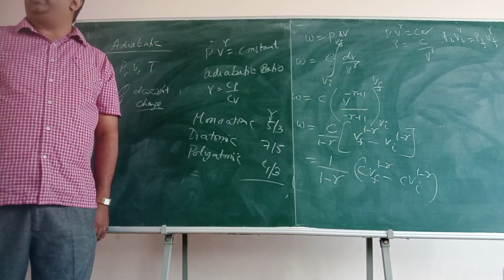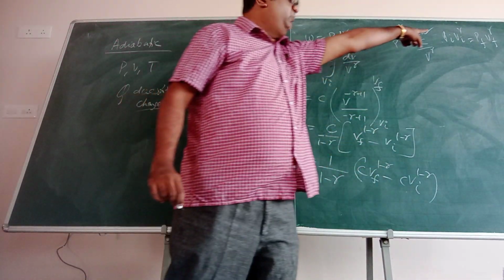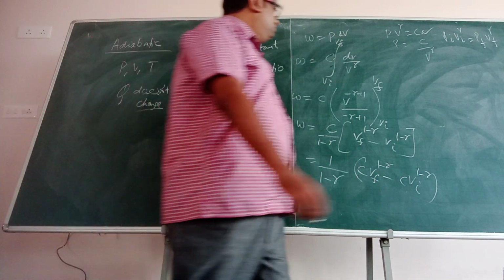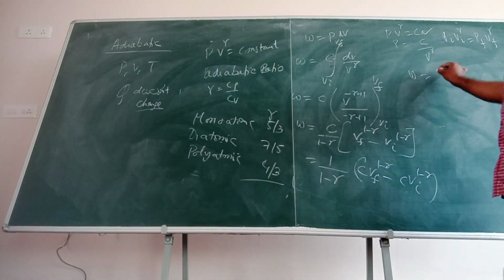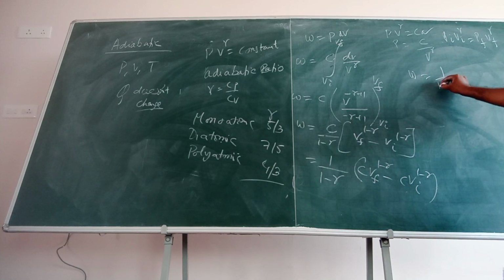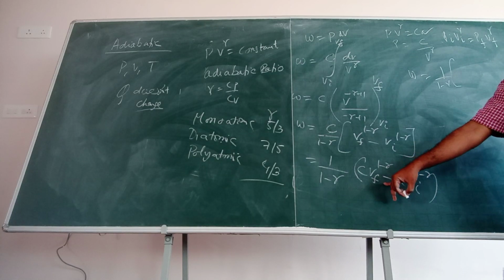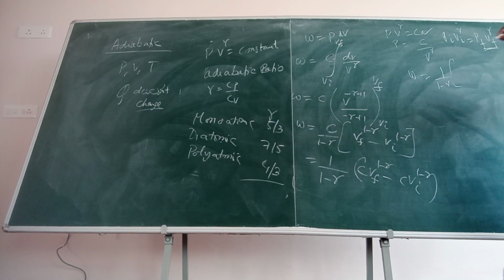Correct? Now in the place of C, I will put those values. I just want to eliminate C. So the next step will be W is equal to 1 by 1 minus gamma. In the place of C, because there is Vf here, I will use this and see what happens.